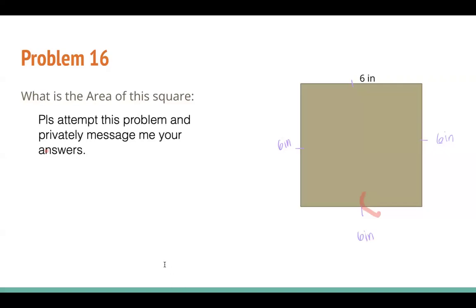I'm just going to give you a hint because I think this might have been a little bit confusing. The area for squares is the same as the area for a rectangle. So it's still length times width.